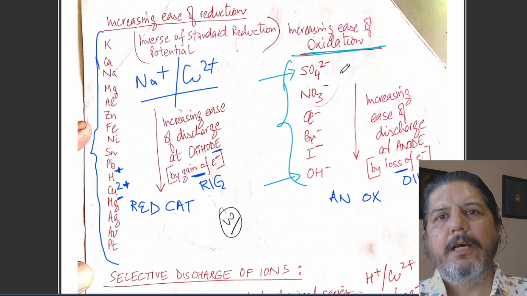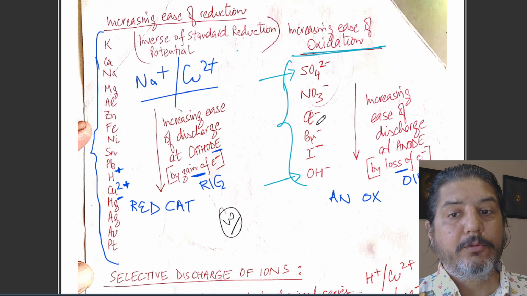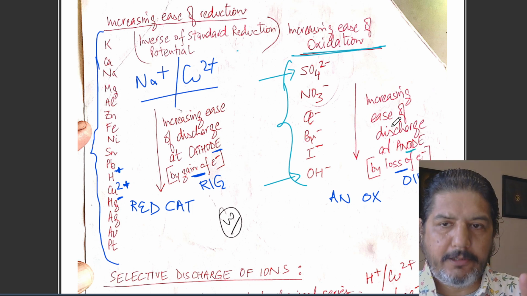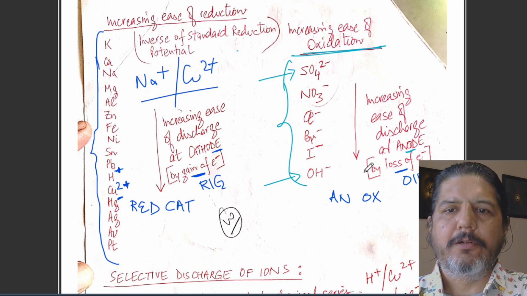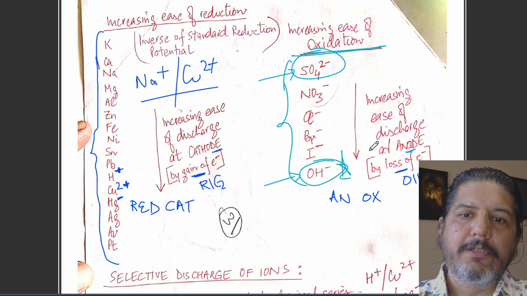Now, these anions will be attracted to the positive electrode, that is, the anode, and they would like to lose the electrons. For example, between sulfate and hydroxide ion, the hydroxide ion will always want to get discharged easily.